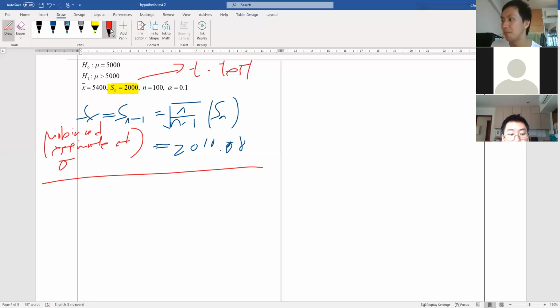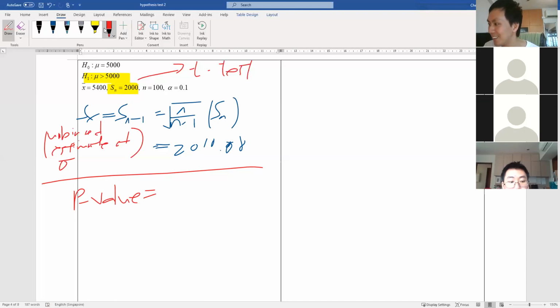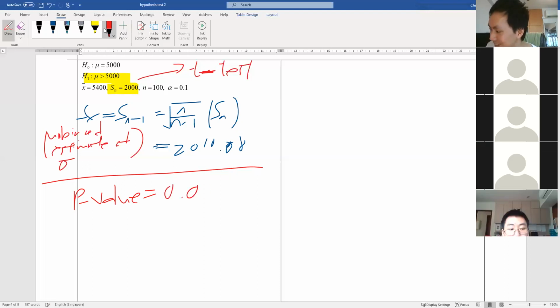So this is a right tail t-test. Someone help me use the GC to get the p-value first. 0.97. Say that again. Why is yours 0.9? Hang on. This is the t-test. I got 0.0246. Okay, yeah, 0.0246.